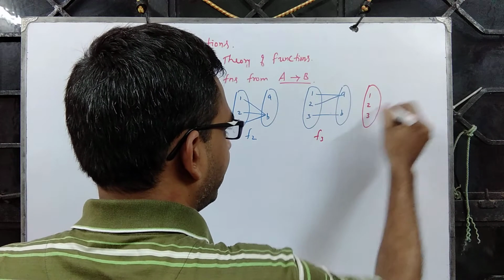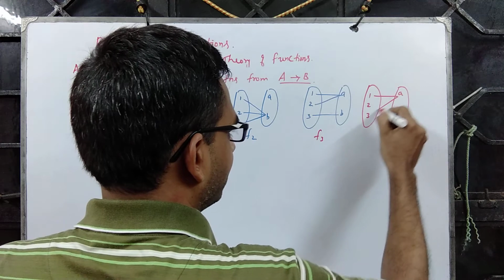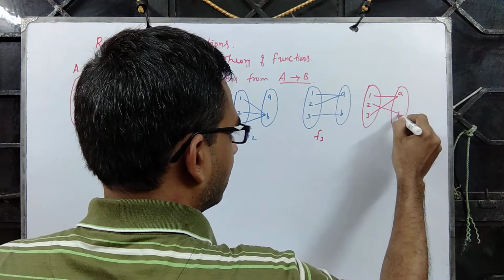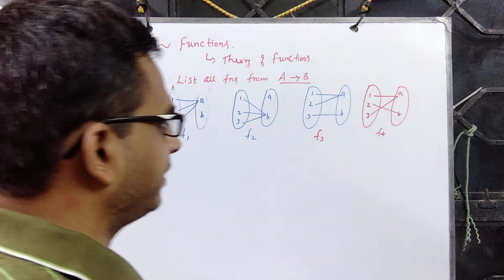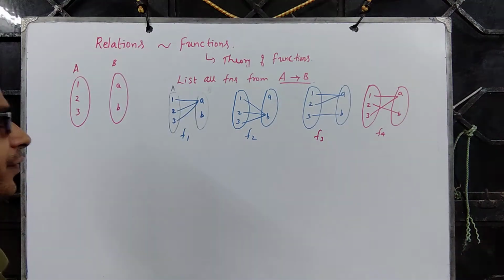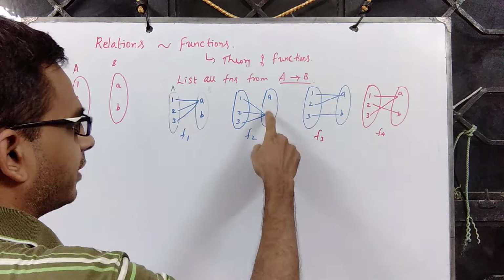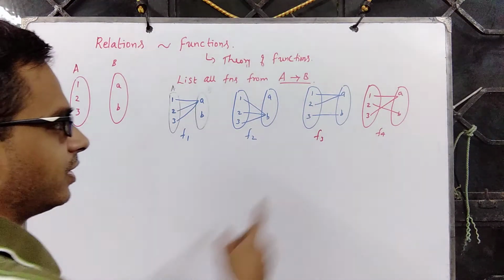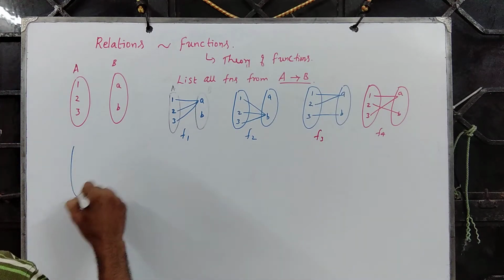Or 1, 2, 3, and A is mapped to 1, 3, and you get this. So what is it that we are trying to do? We are looking at the possibilities for B. Fine? And that's precisely what we are exploring at each step.